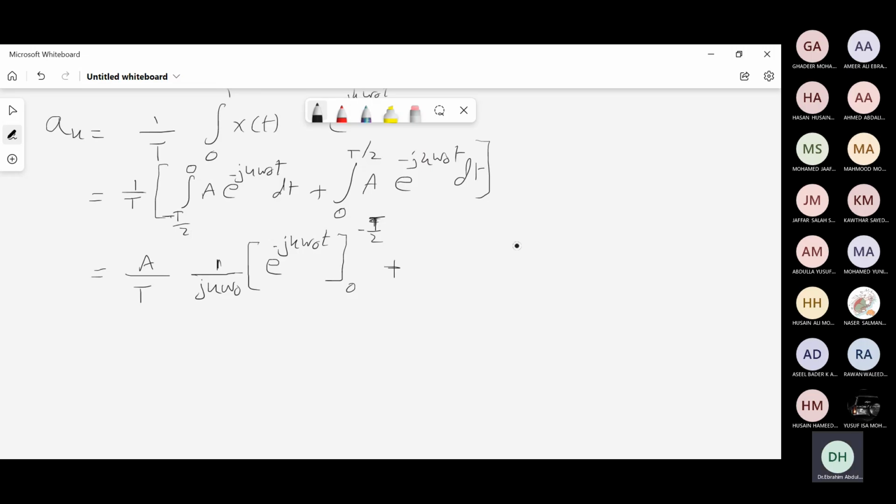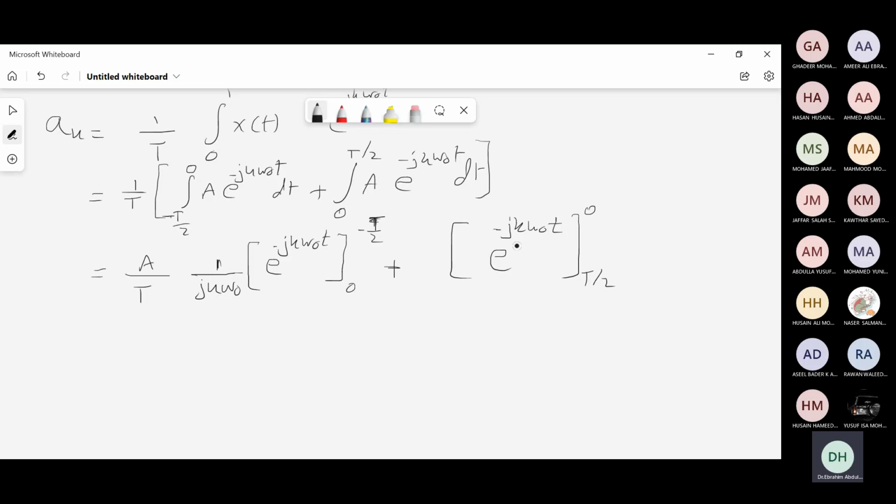Plus, similarly, for the second one, it is e to the power of minus jk omega naught t. Again we have minus, then change the limit, so it is t over 2 to 0.